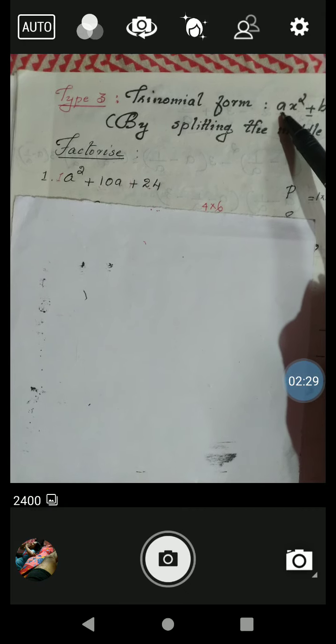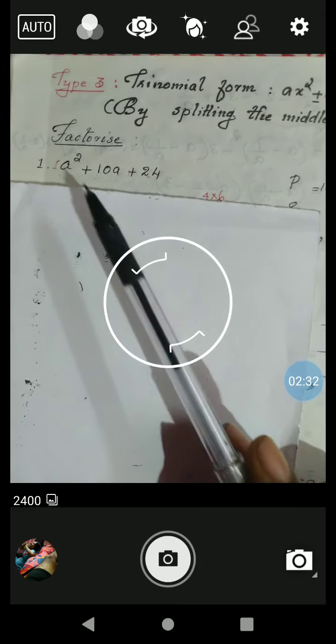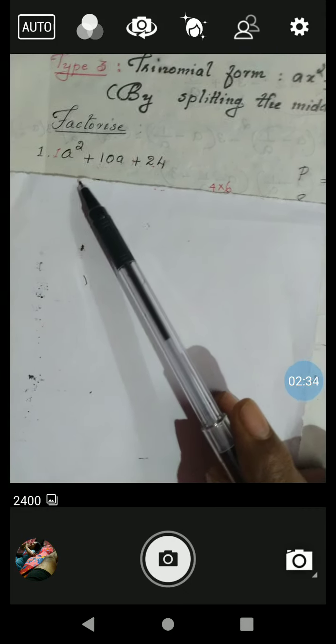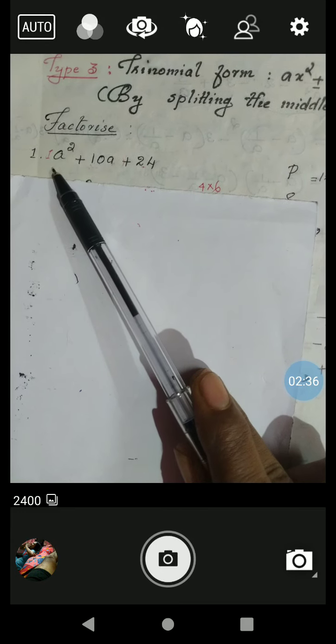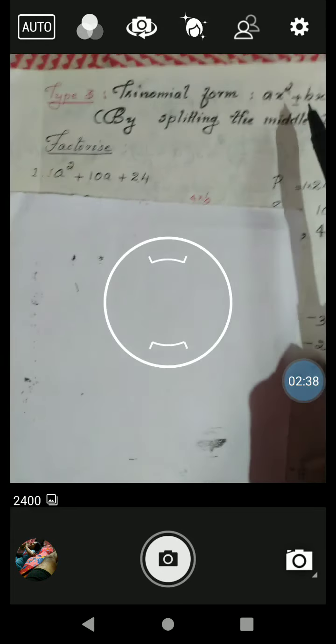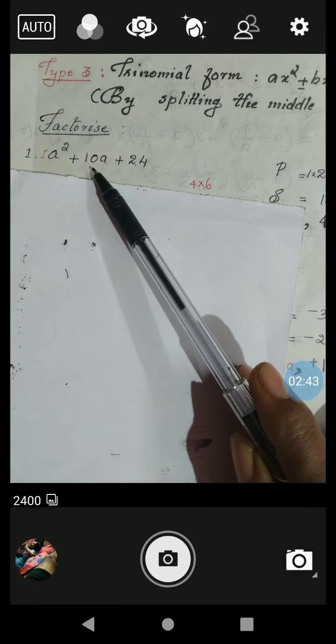Coefficient of x square is a. Here coefficient of a square is 1 and coefficient of x is b. Here coefficient of a is 10 and the last term is 24.